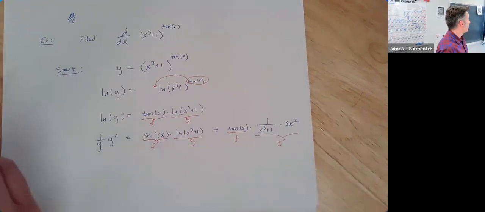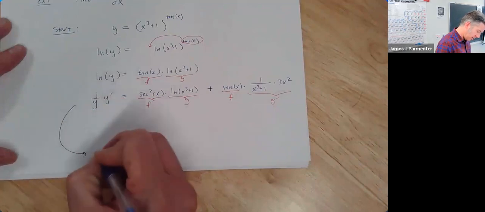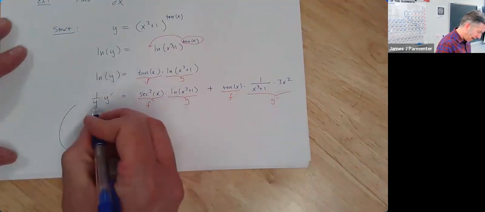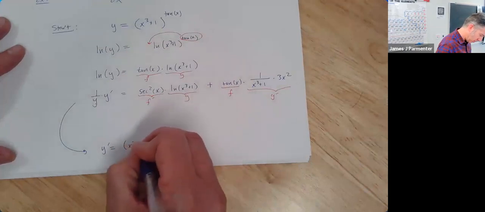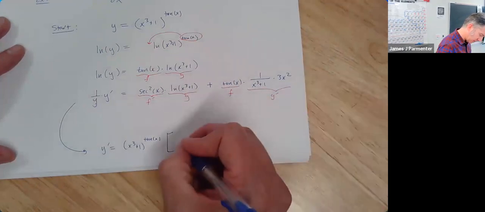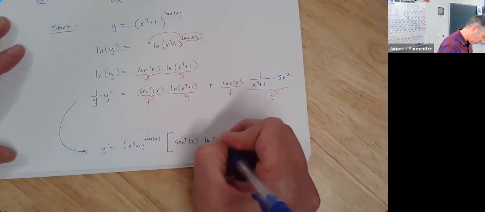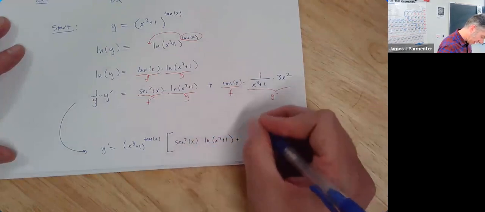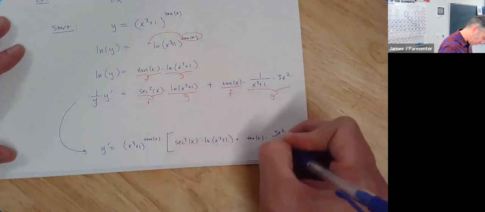Finally, this last step you can probably do in one shot if you want to. I will show the intermediate step, but if you want to go straight to the end, you may. y prime equals y, which we know is x cubed plus 1 to the tangent of x, times all this, which is secant squared of x times the natural log of x cubed plus 1, plus tangent of x times 3x squared over x cubed plus 1.